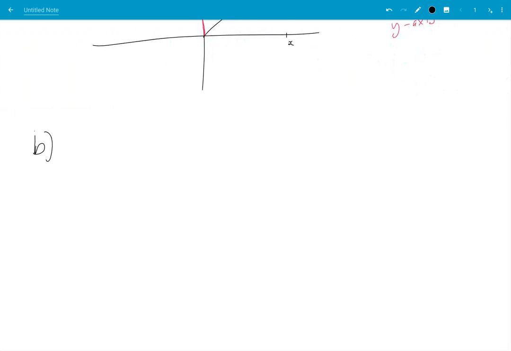Okay, B. If you have a vector, say xy, well, what happens to it?